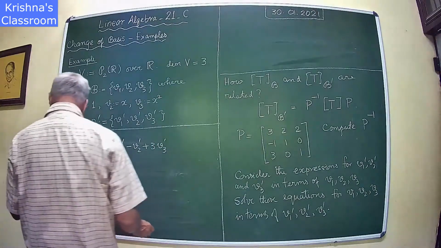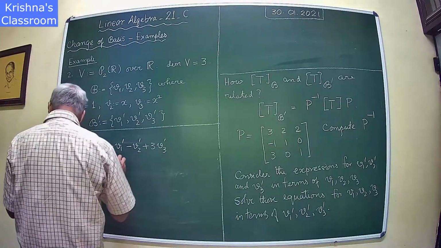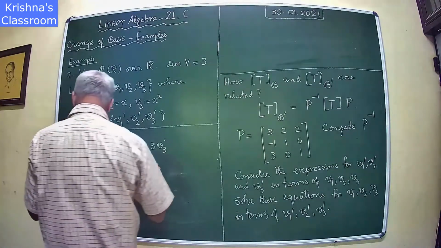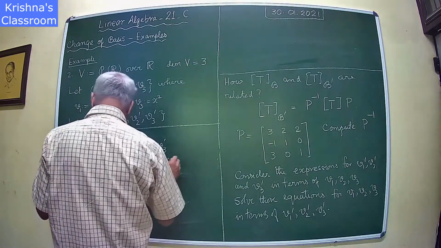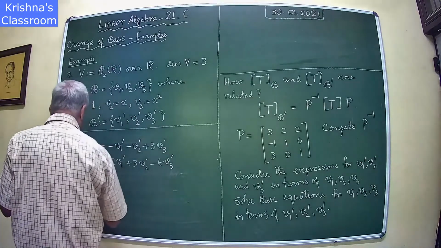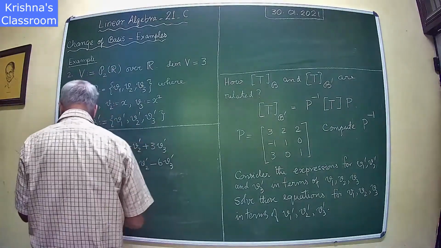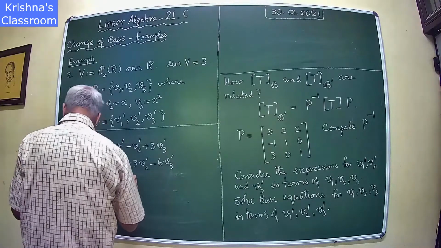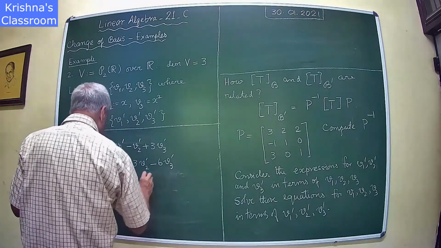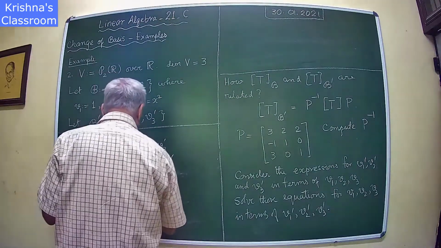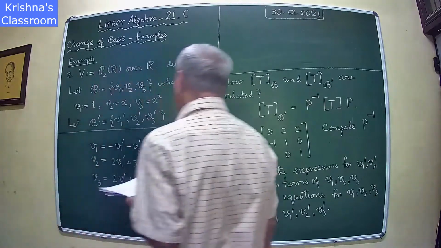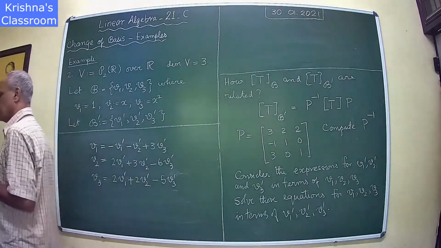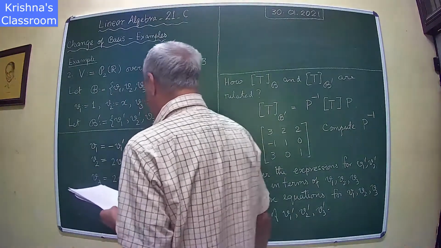then v2 equal to 2 v1 prime plus 3 and v3 equal to 2 and then the matrix representation for the inverse gets computed. That will give you P inverse.